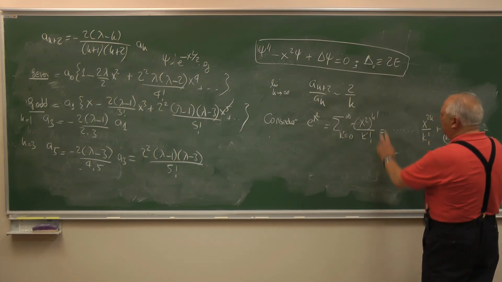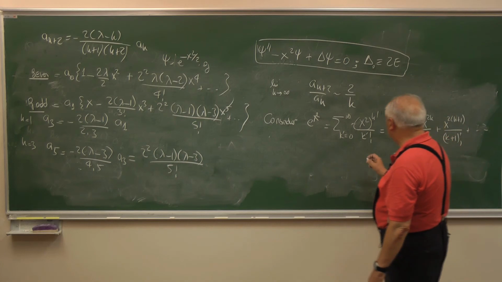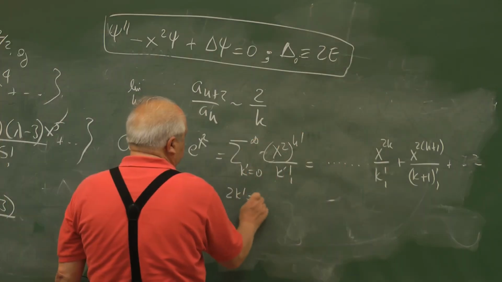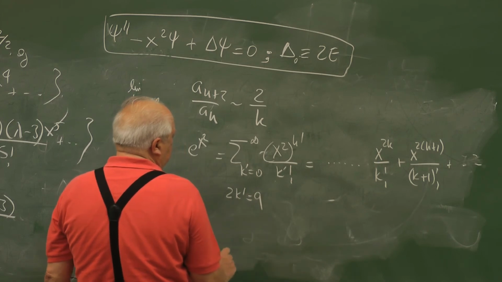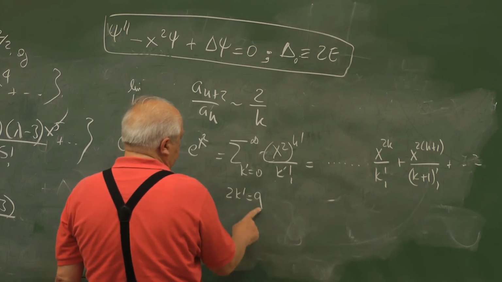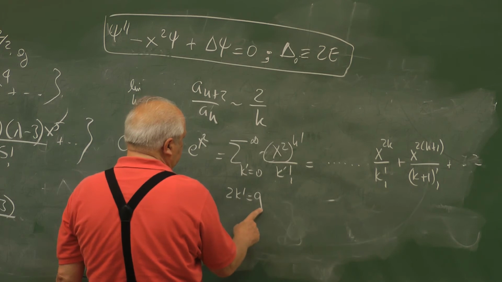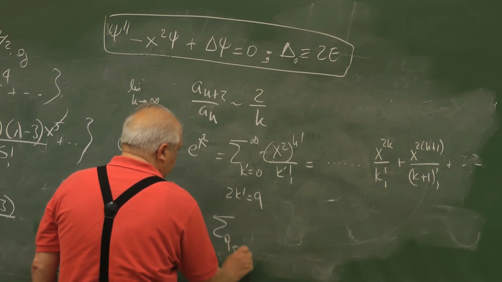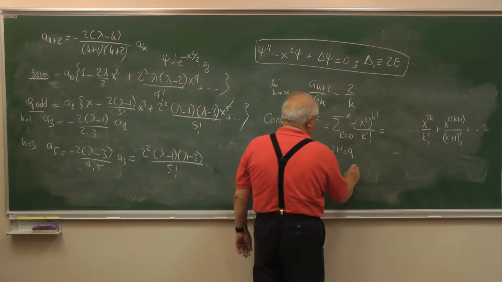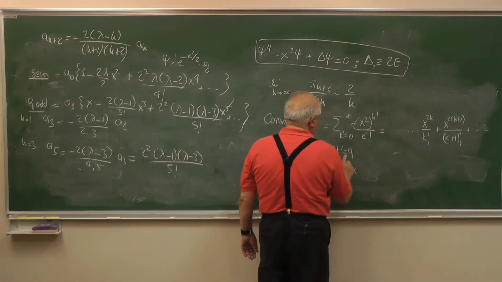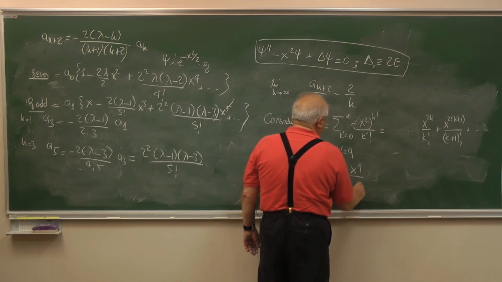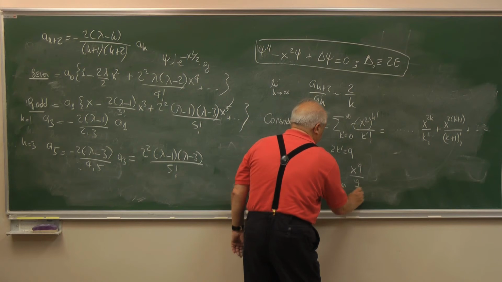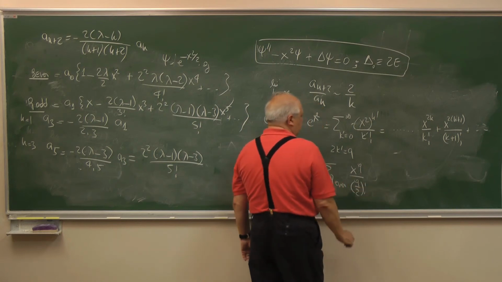Because of this form, we can change the index k prime, let's call it q. And if this is the index, q is always an even number. So q over even. So it is x to the q over 2 factorial.